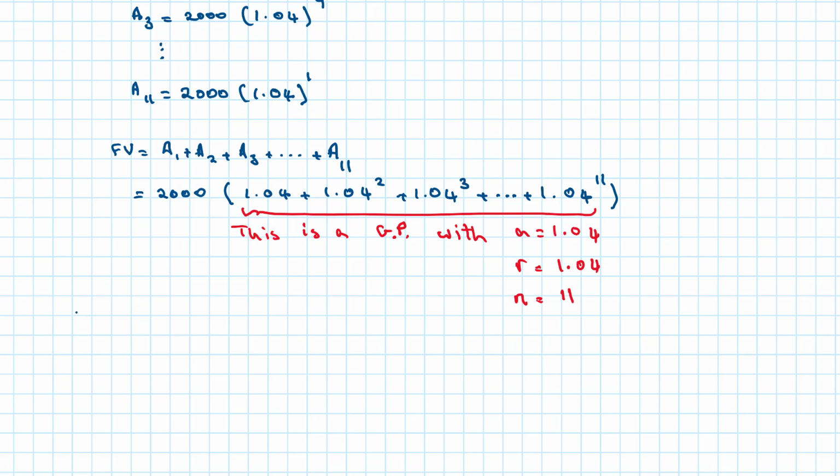So my future value is 2000 times a, the first term, times the common ratio 1.04 to the power of 11 minus 1, all over 1.04 minus 1, so that's 0.04.